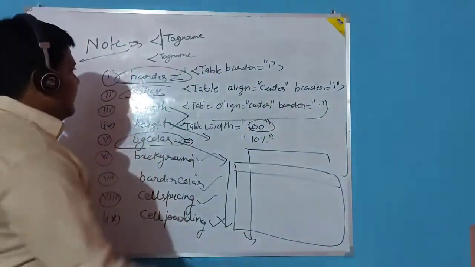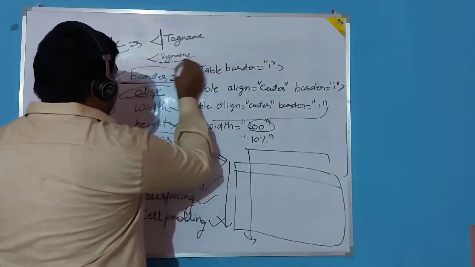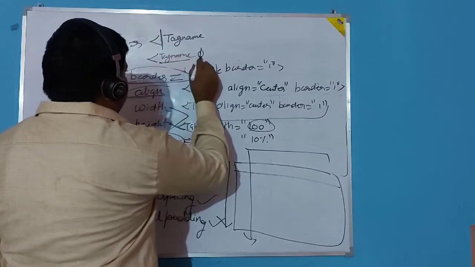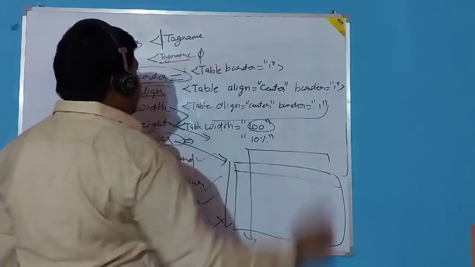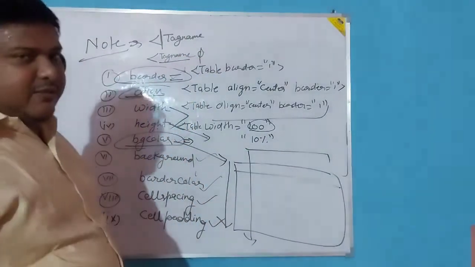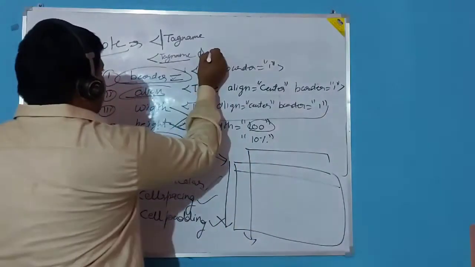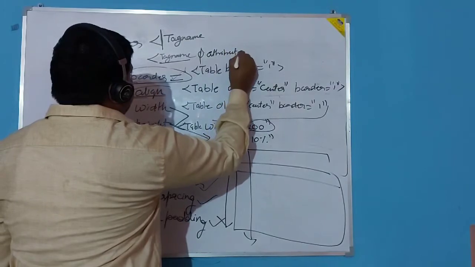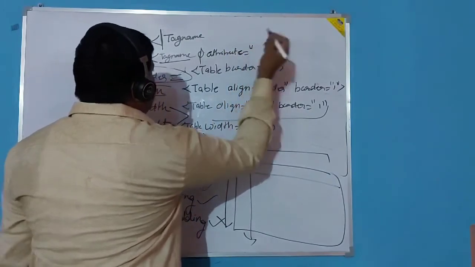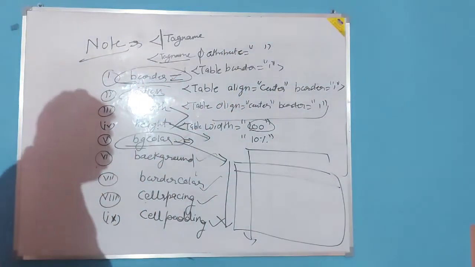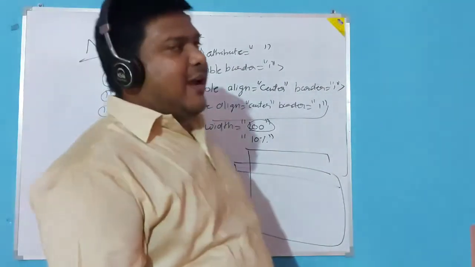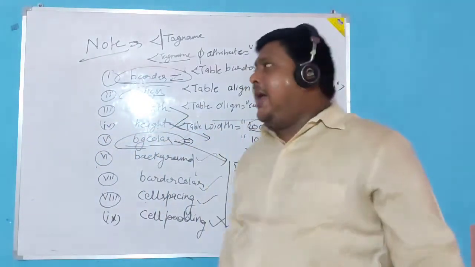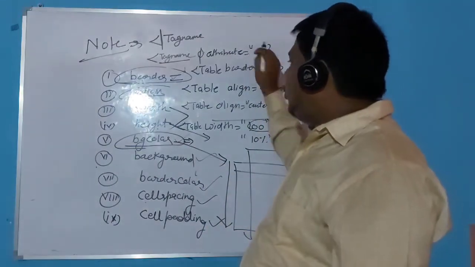And then after the tag name, we have to give one space. For the one space, I am representing it by the phi sign. Then we write the attribute, and every attribute has a value. If we are using string values, like names of colors, I will use them inside quotes.